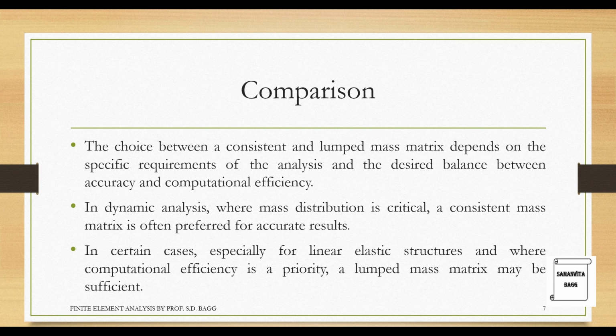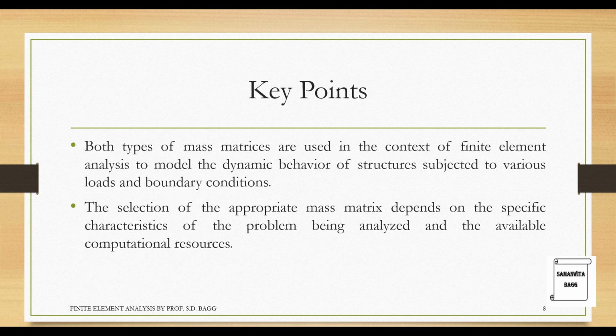In certain cases, especially for linear elastic structures and where computational efficiency is a priority, a lumped mass matrix may be sufficient. So these are the two cases which discuss the specific use of consistent and lumped mass matrix respectively.